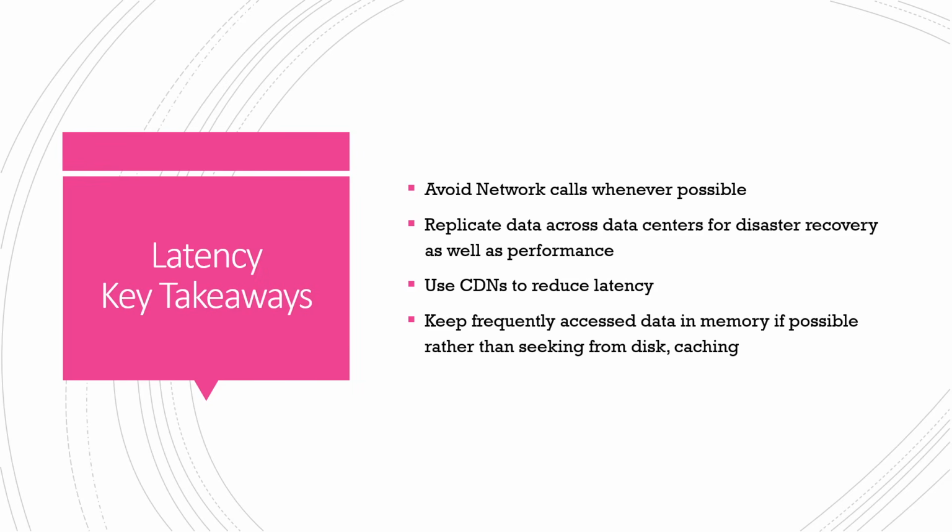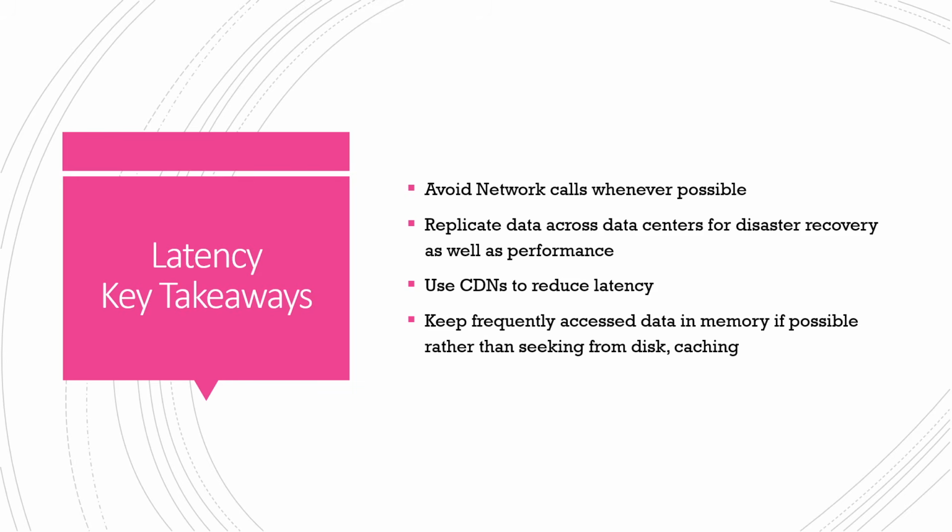You also want to avoid hits to your database, so keep frequently accessed data in memory with a cache if possible, rather than continuously going to your database. A lot of distributed system stuff is related to latency and how to deal with that. For example, one reason to replicate data is obviously for disaster recovery.